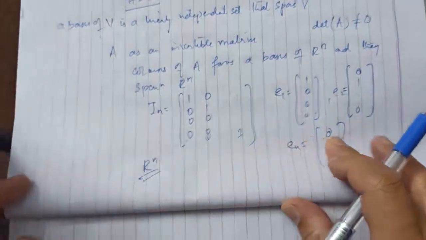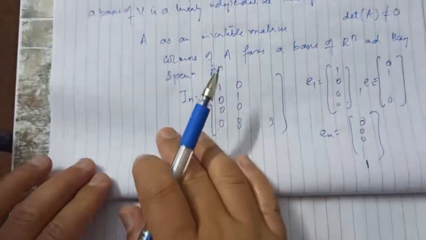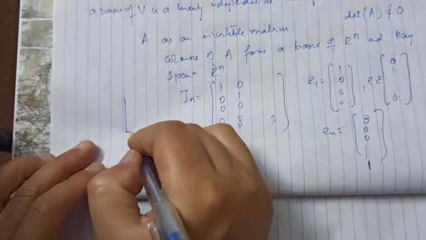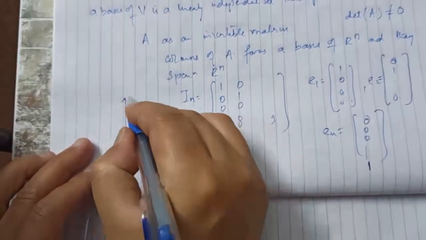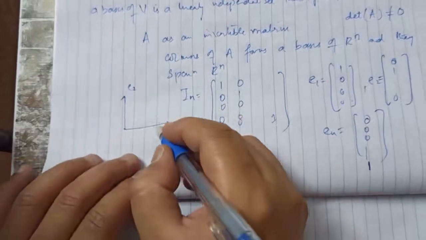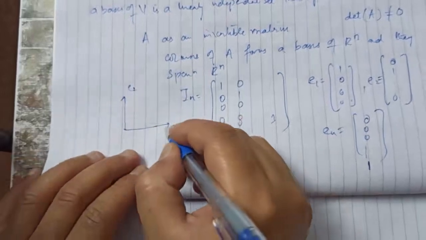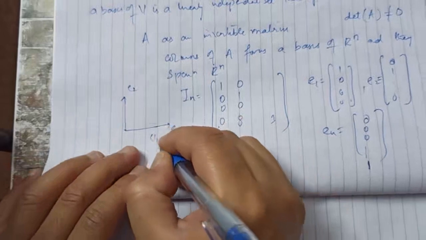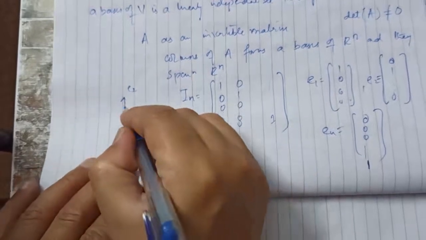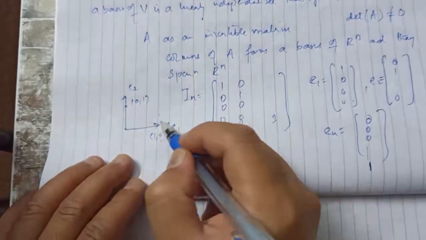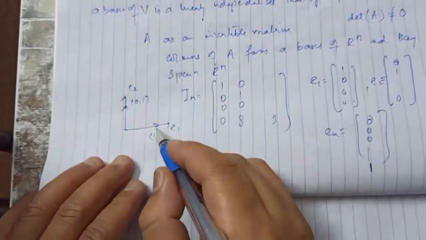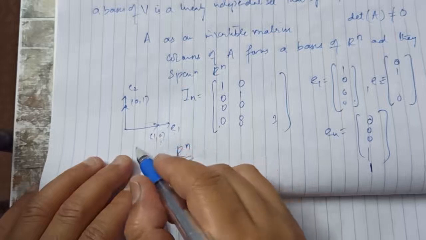So if you want to show anything in an xy plane, you say this is e1 and this is e2. When you write this as a standard basis, it means this is the point 1 0, and this is the point 0 1. Now this is a unit vector.